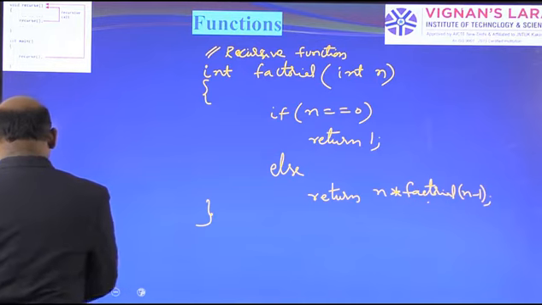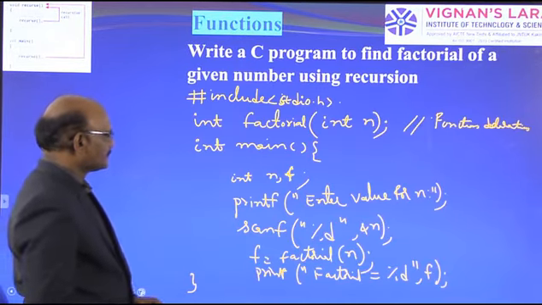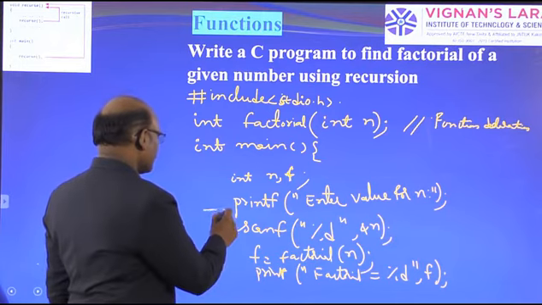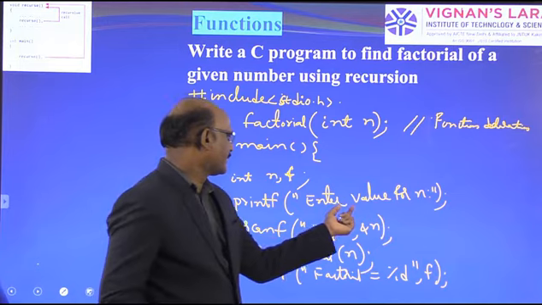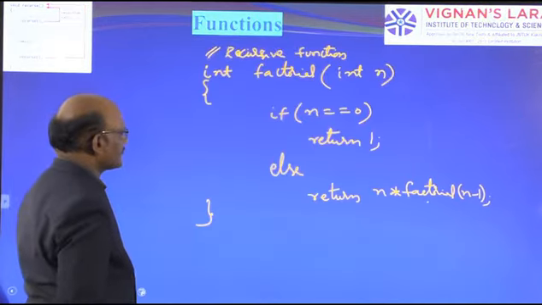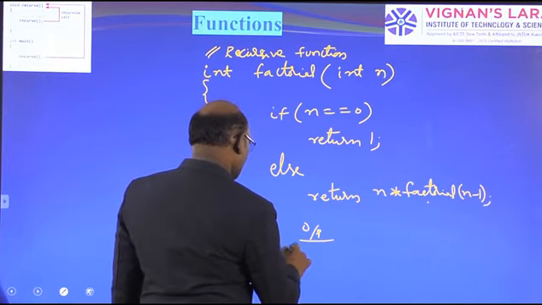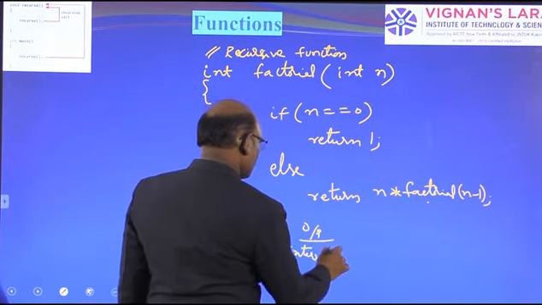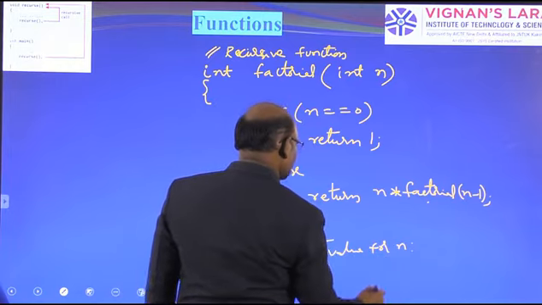Now coming to the execution. Execution begins at the main. It will print enter value for n. So printf is executed and enter value for n.